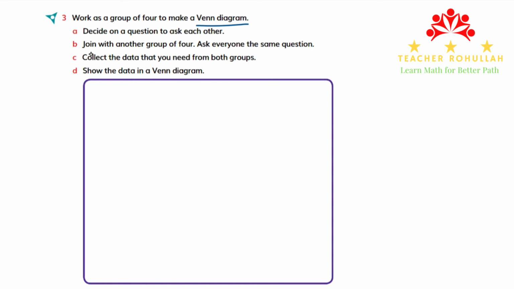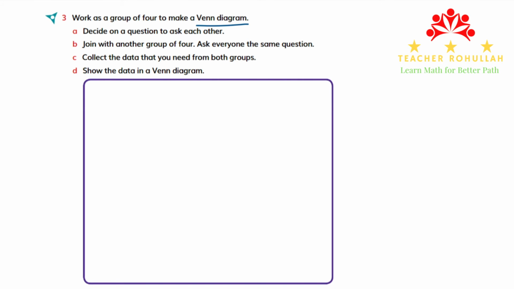Well, so part B says join with another group of 4. Ask everyone the same question. It means there should be 8 answers because each group has 4 group members. Now it says collect the data that you need from both groups. Show the data in a Venn diagram.